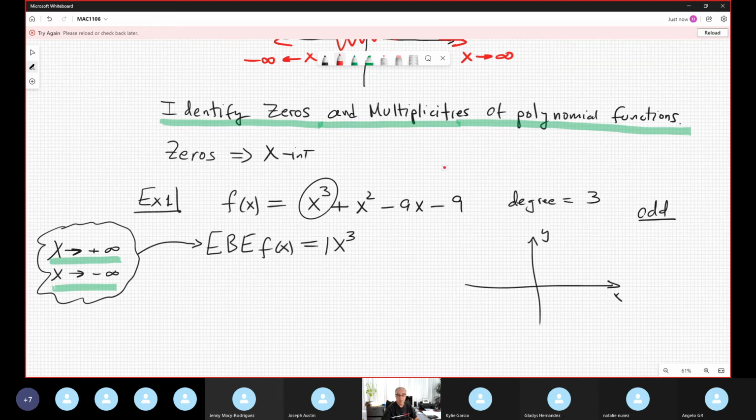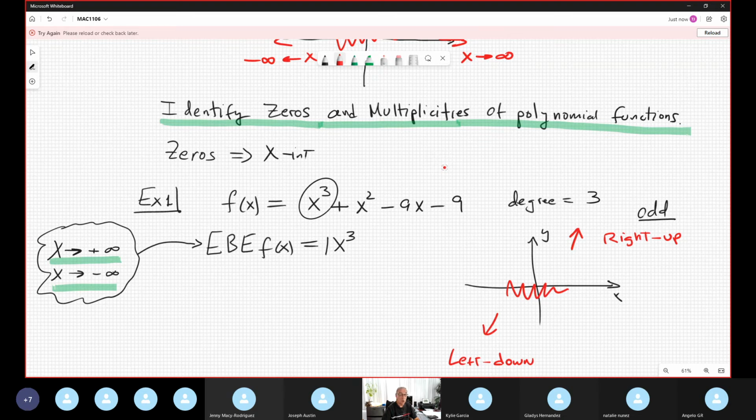Therefore, in my imagination, this is the graph. This is the end behavior. End behavior is right up and left down. And in the middle, no idea what happens here. But the end behavior, I am sure, looks like that.